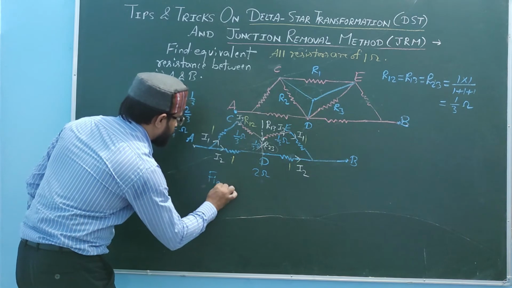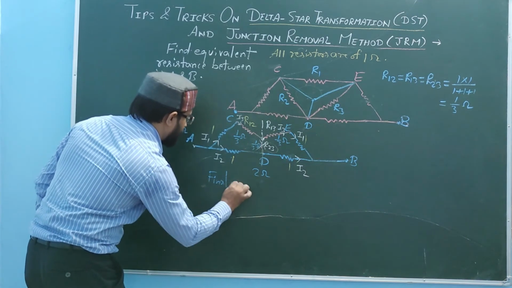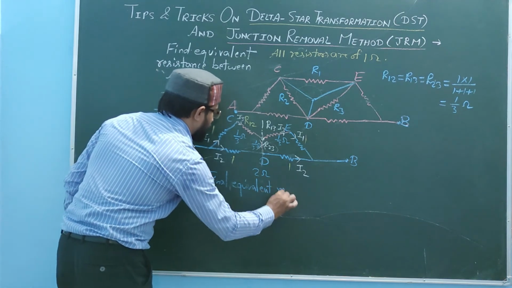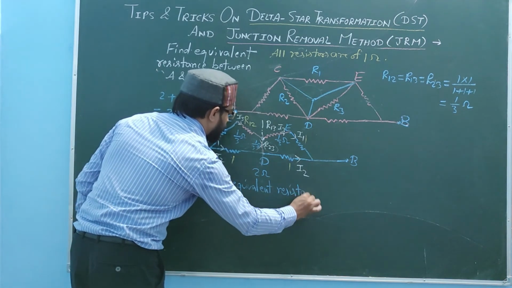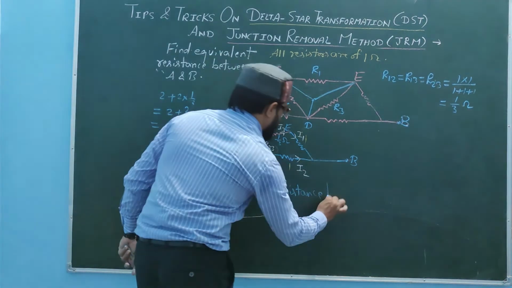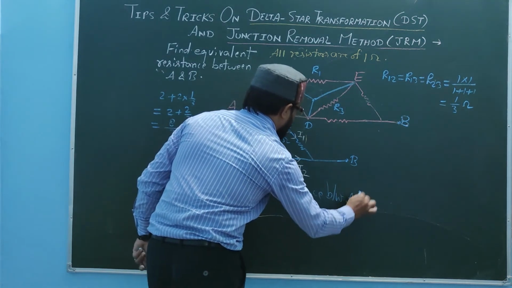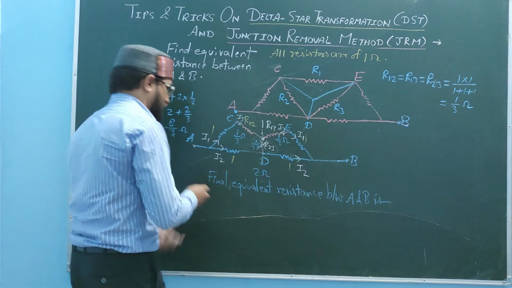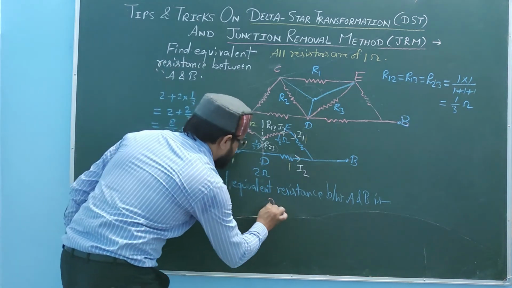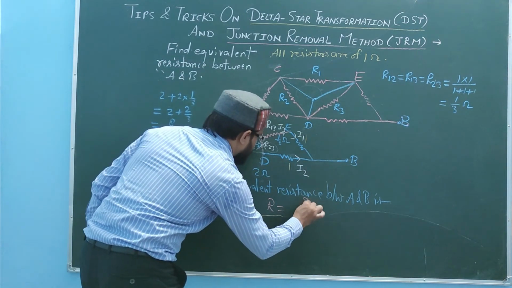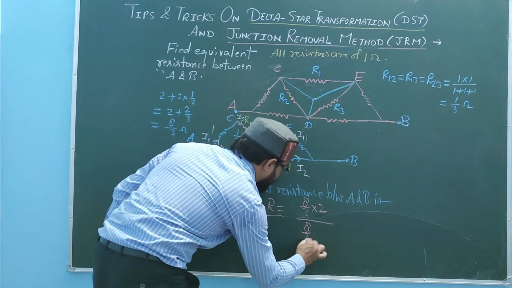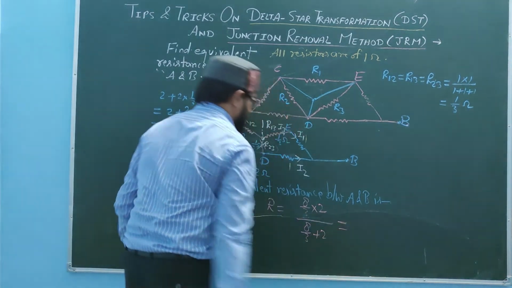So final equivalent resistance between A and B is, they are in parallel combination, so multiply both, 8 by 3 into 2, add both in denominator, solve it.